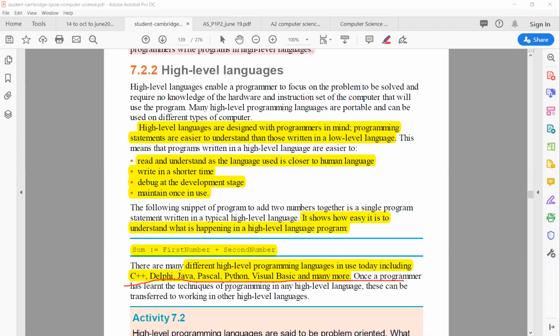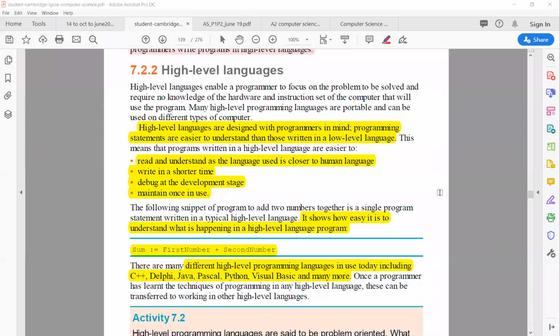Only then will you be able to write the instructions. All the languages have different syntax, but their rules are mostly the same. If you work in one language, you can work in any other language as well, because these are sometimes called transferable skills. Just like if you learn how to drive one car, you can easily drive any other car.